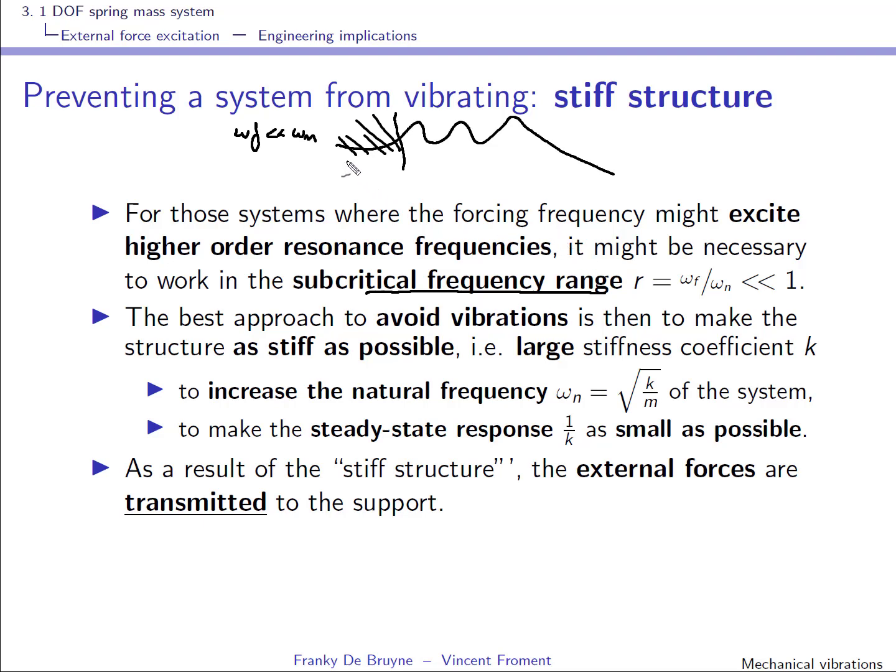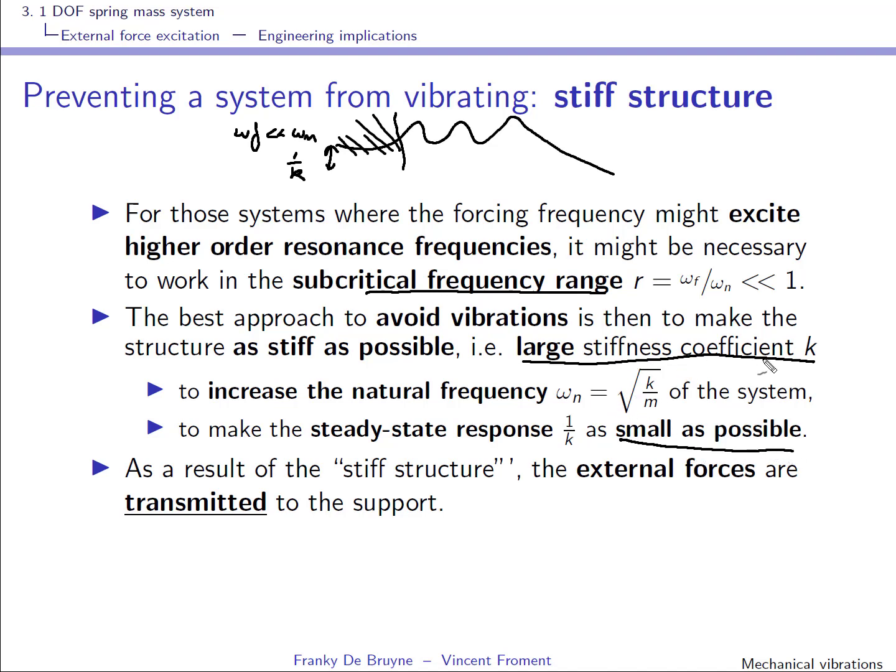Okay, in this region, you also know that in steady state, when the forcing frequency is small enough, the gain will be 1 over k. So we're considering here the displacement transmissibility. So if we want a small displacement, you have to work with a value of k that is large, so that this 1 over k value becomes as small as possible.